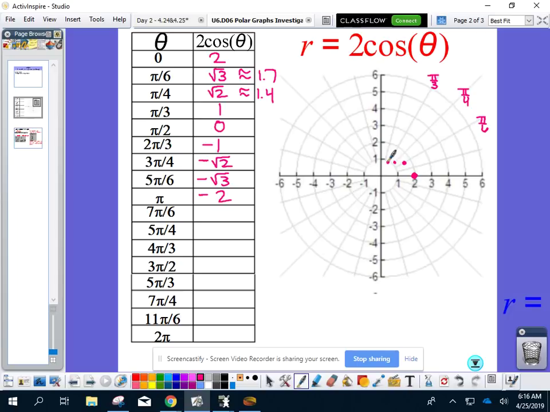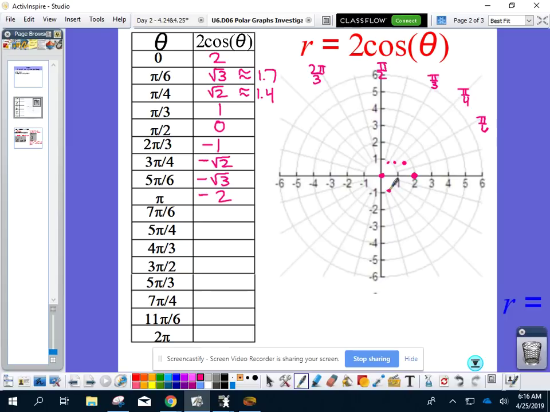Then we have pi over 2, and that's going to sit right at the pole. 2 pi over 3, coming over to that second tick mark in the second quadrant, we're going to count back 1 ring, and that'll plot about here.